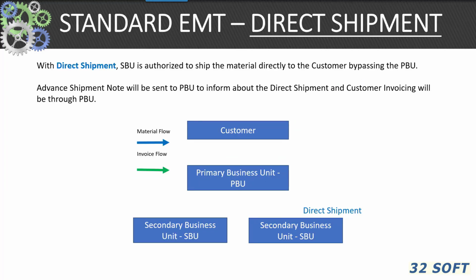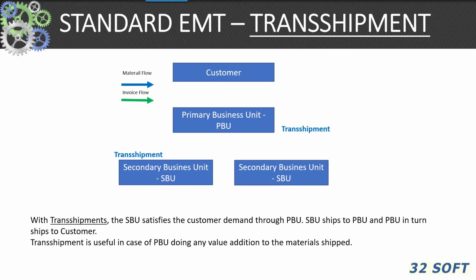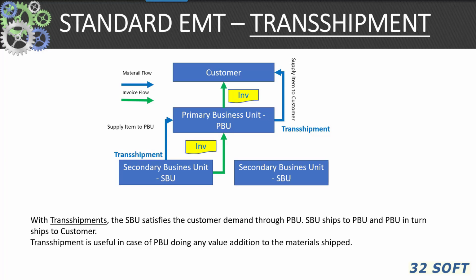Then the secondary is going to either direct ship, and that is where the secondary business unit ships directly to the customer. They're going to invoice the primary, and the primary business unit would then generate the invoice. For a transshipment, the secondary business unit is going to ship back to the primary. Primary is then going to ship to the customer. Secondary invoices, and then finally the end customer gets invoiced. So that's the difference between the two, direct and transship.